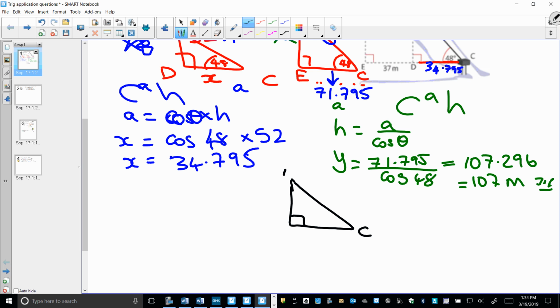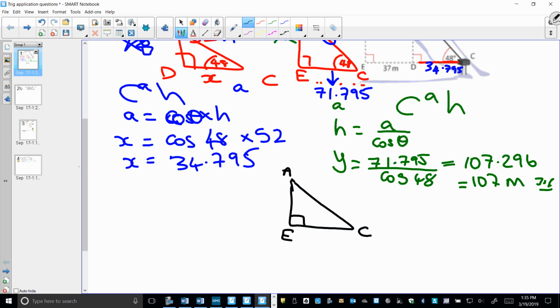So I'm going to put my big triangle on here again. What they're asking for, Emma, is this measurement AE. That's the vertical height. The vertical height gained from C to A, yeah.